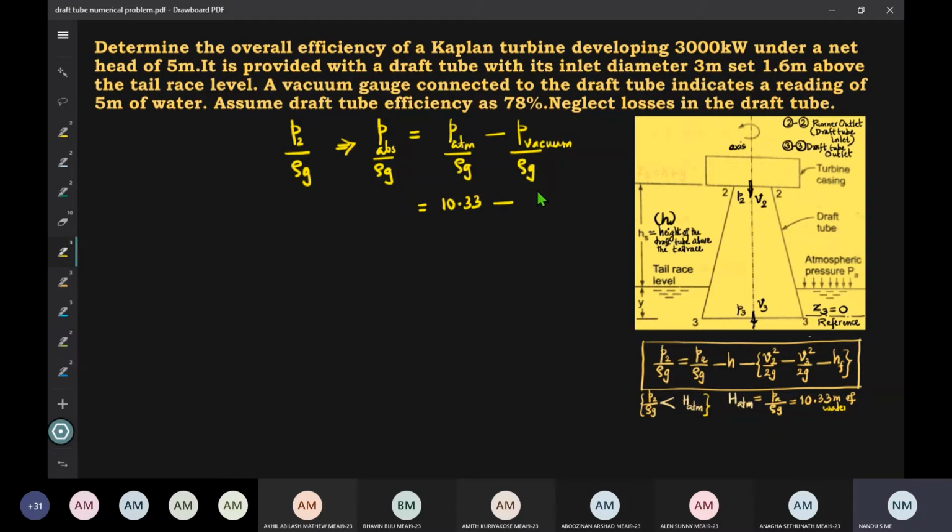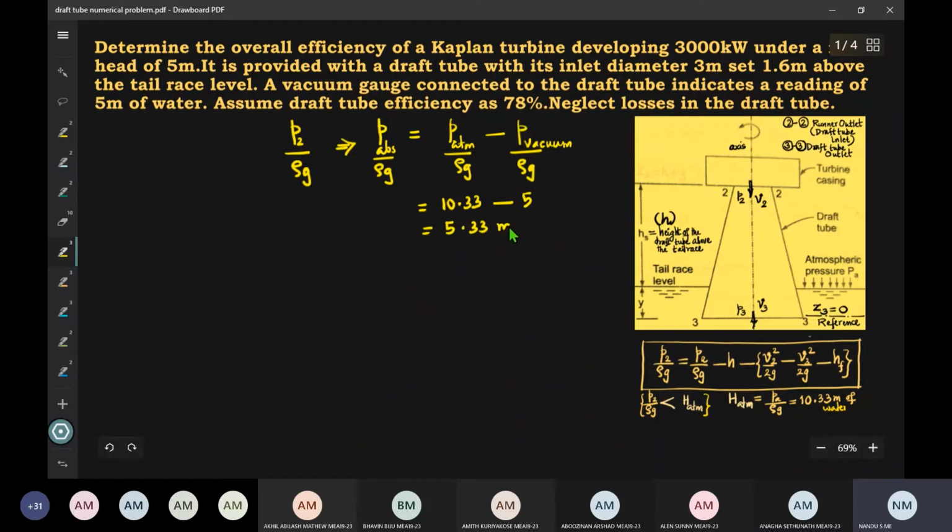Here the vacuum gauge connected to the draft tube indicates a reading of 5 meters. So that is P vacuum by rho g, that is H vacuum, that is 5 meters. So this is the idea. You'll get 10.33 minus 5, so that is 5.33 meters of water.